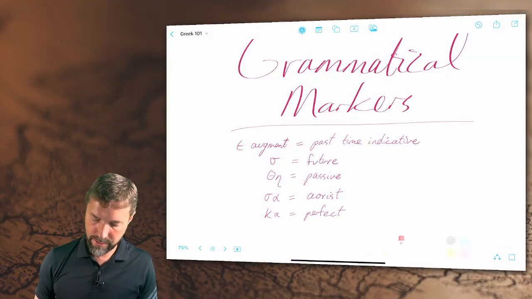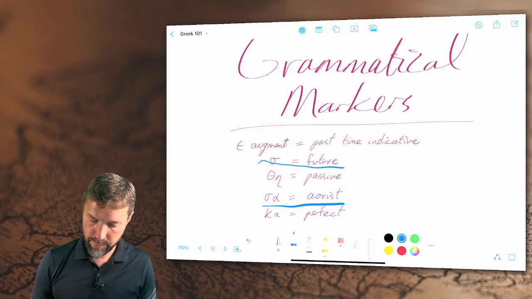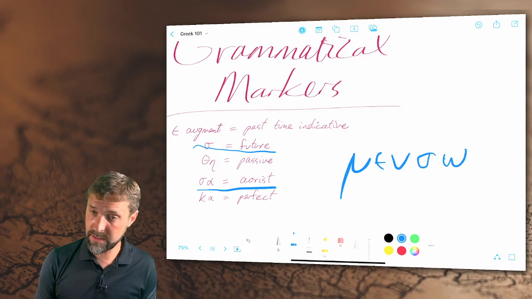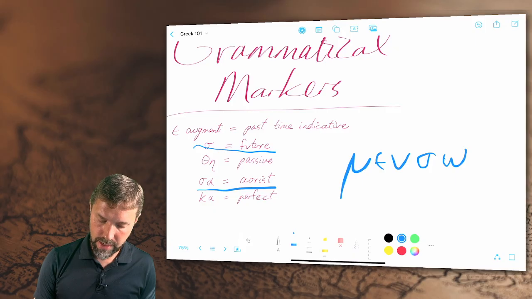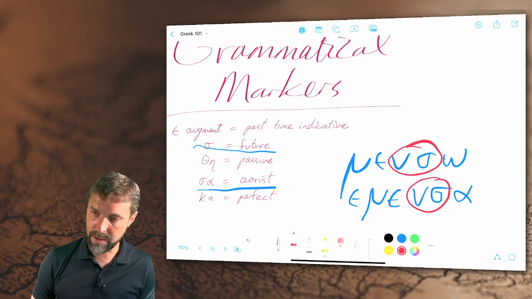Okay, so with that recognition then, I'm looking at this spot right here, sigma future, sigma alpha aorist. And in both of those cases, if I'm trying to do minnow, I would have a theoretical minso. Or if I was trying to do the aorist, I would have a theoretical epsilon augment min sigma alpha. And the problem we would be encountering would be right here and right here.